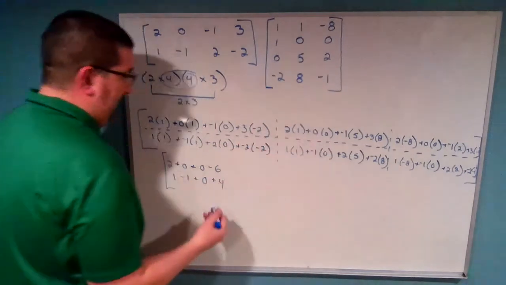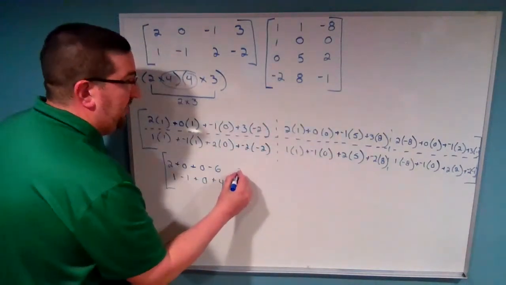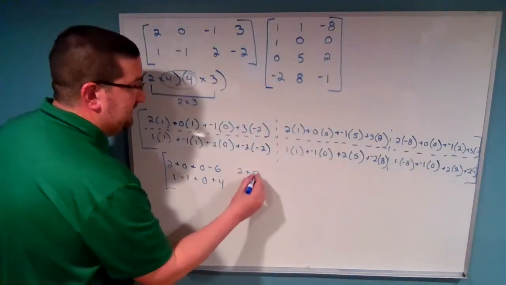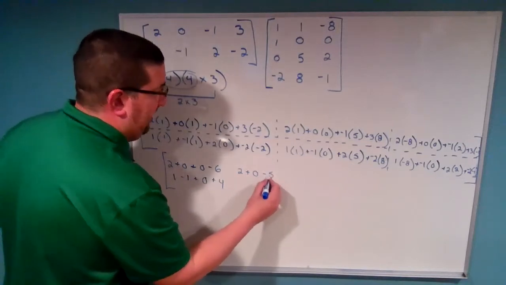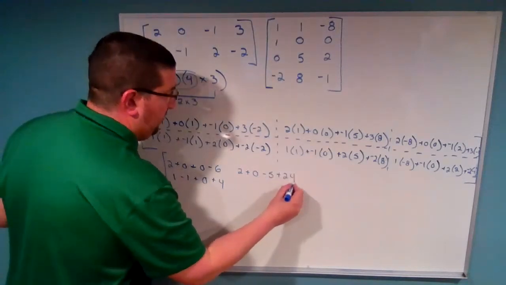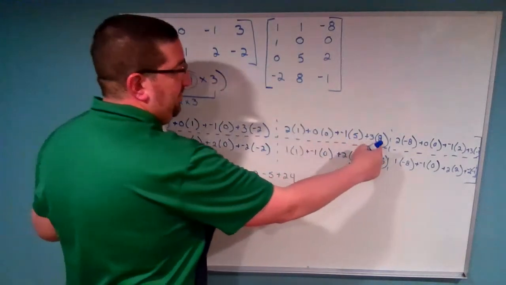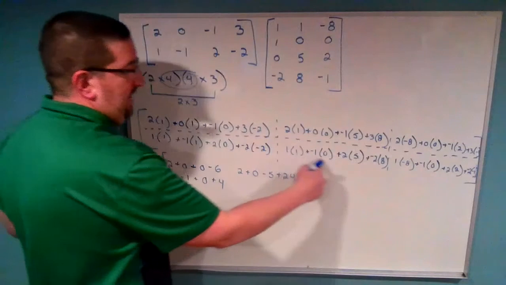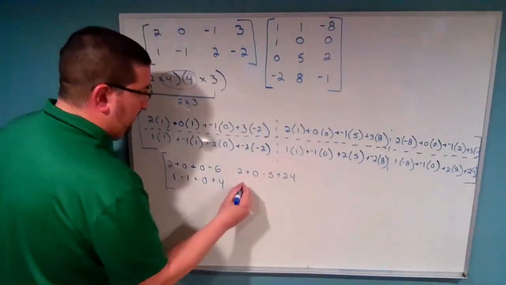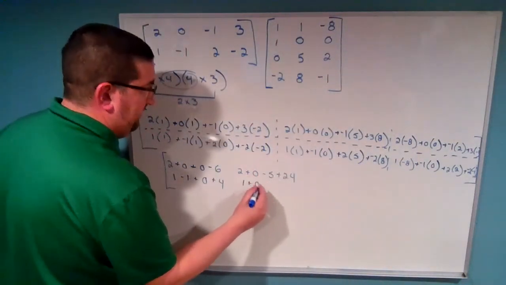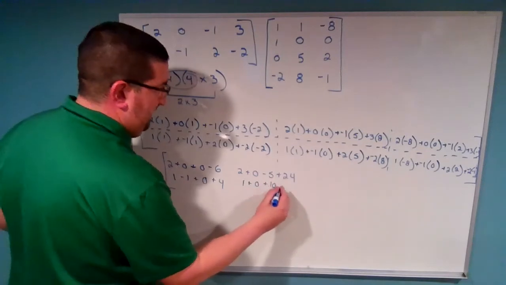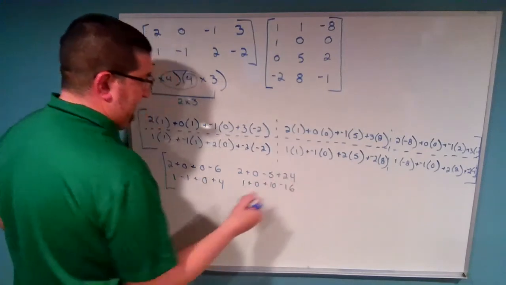Move on to our next column. We have 2 plus 0 minus 5 plus 24. So 1 times 1 is 1, plus 0, plus 10, minus 16.